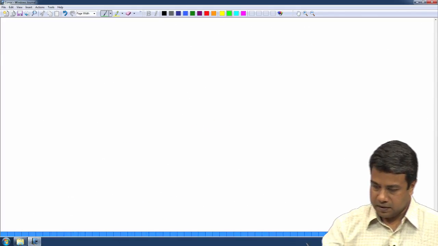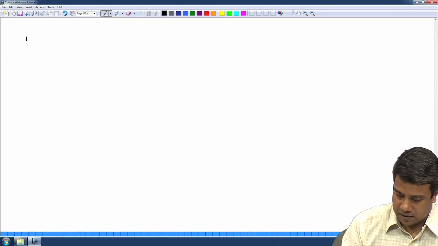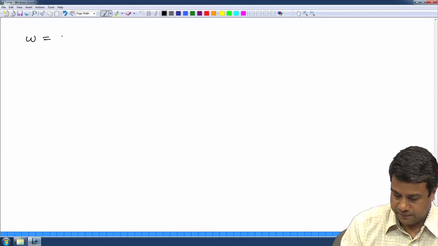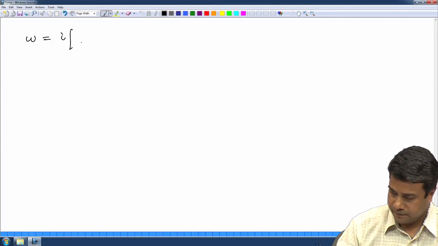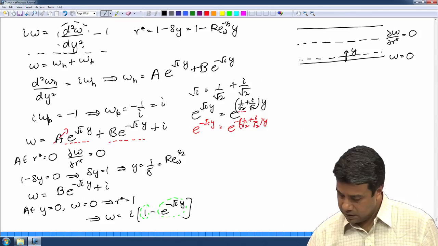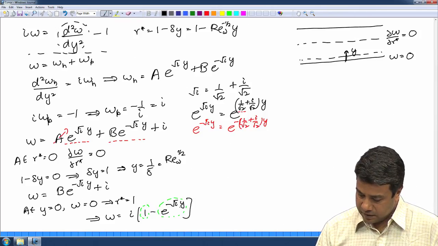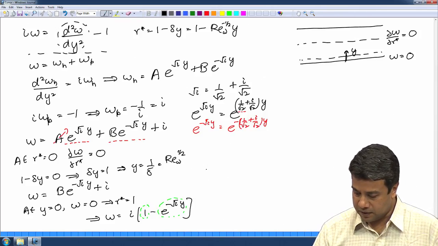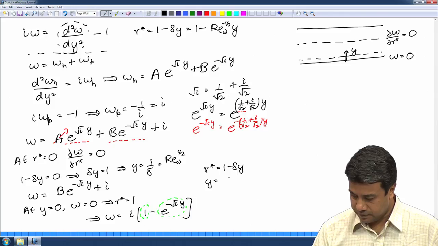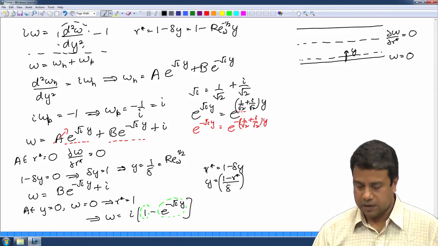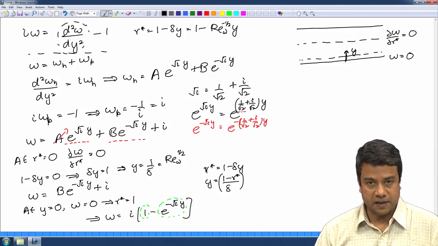So, if I go back and write my function w in terms of r star, we know that r star is equal to 1 minus delta y, which means that y is equal to 1 minus r star by delta, and delta was Re power minus half.